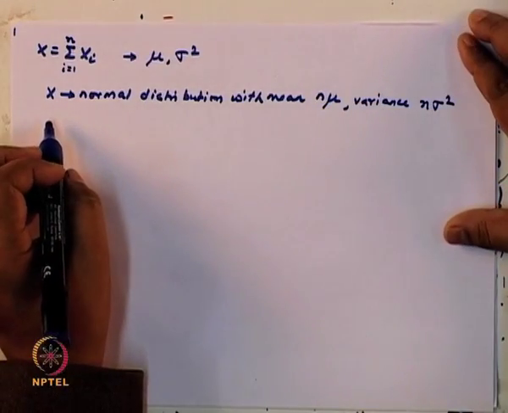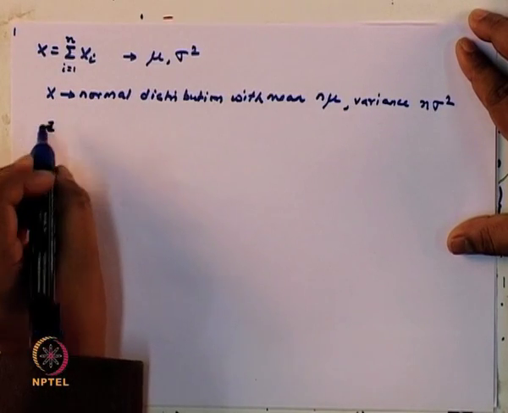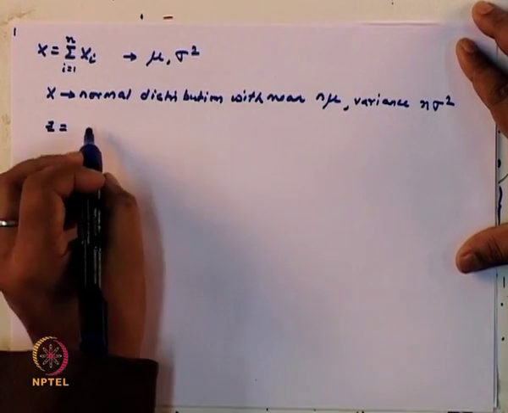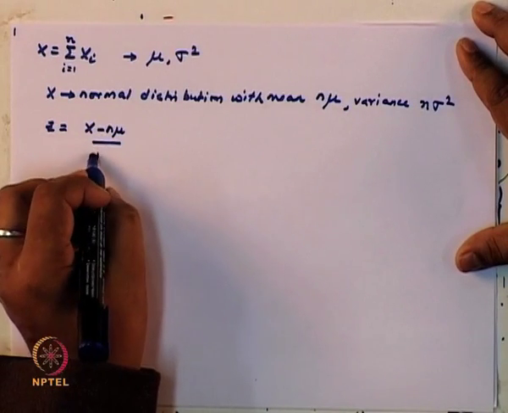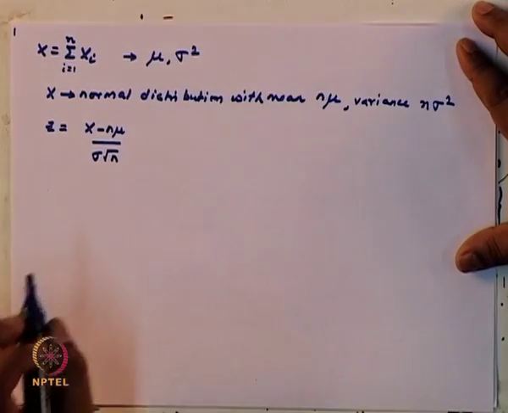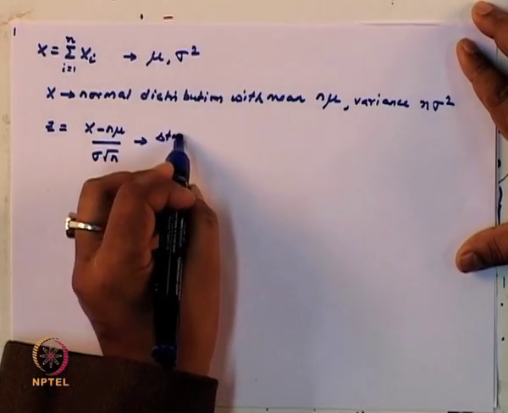We can also convert this normal variable to z, defined as (x minus n mu) by sigma root n.